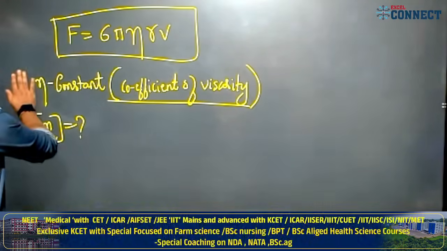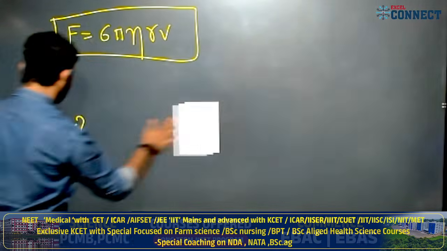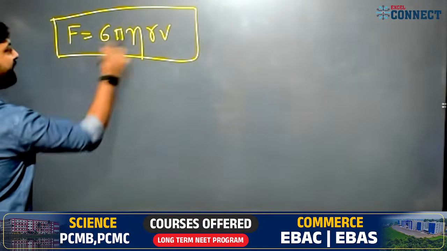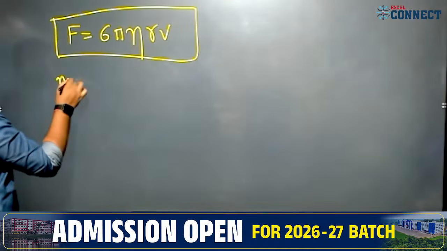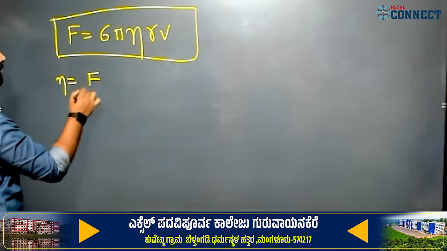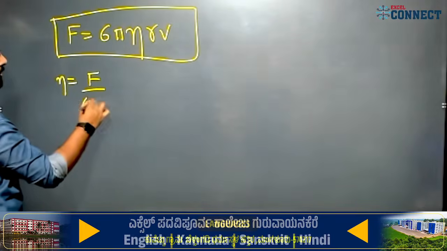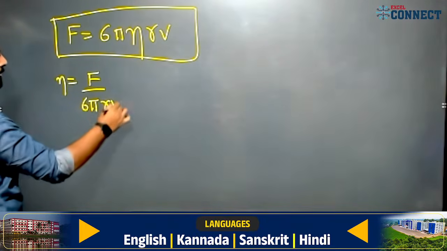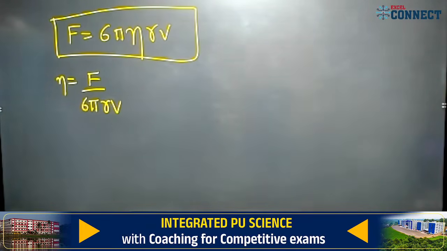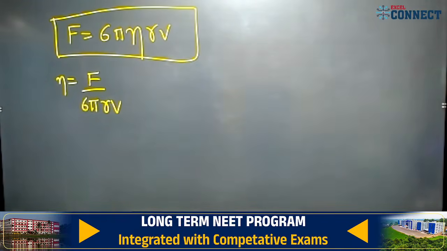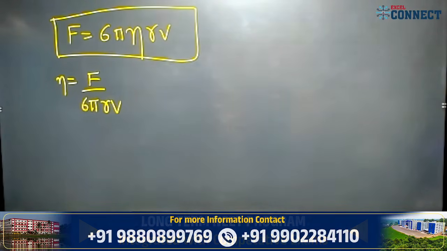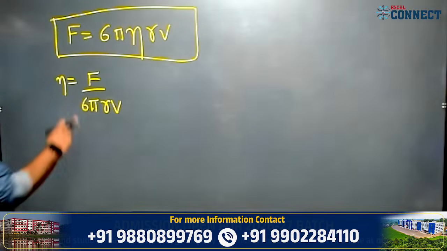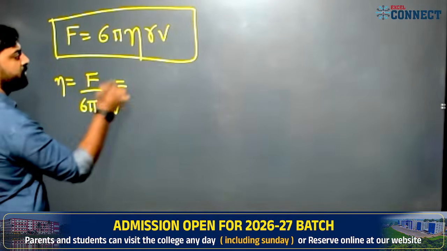Okay, now let us rearrange this. What is eta? Eta is equal to F divided by 6 pi RV. Okay, so what is the dimension of force?